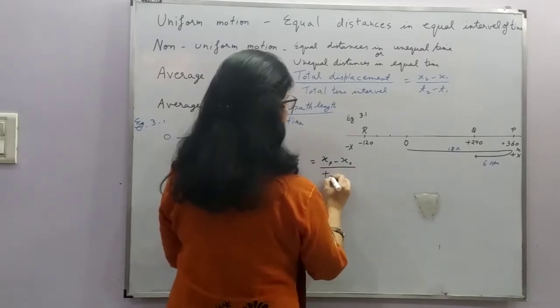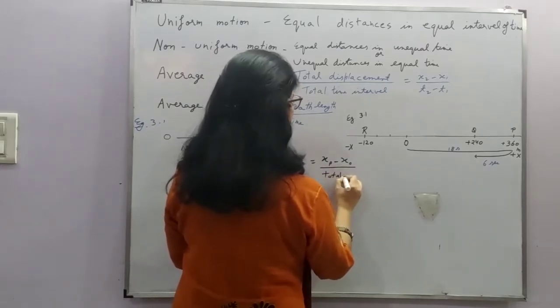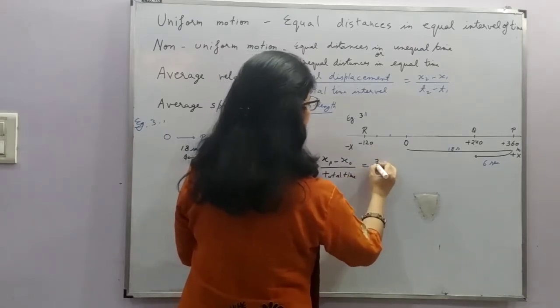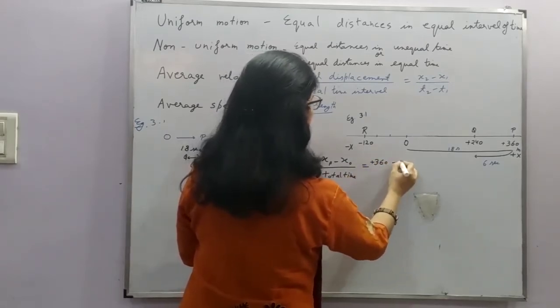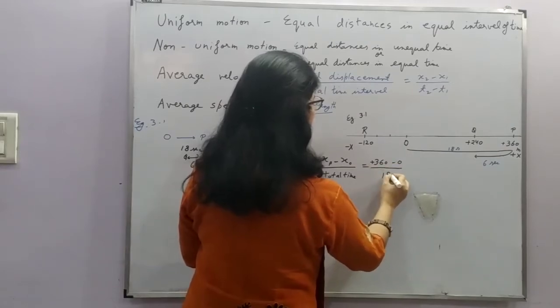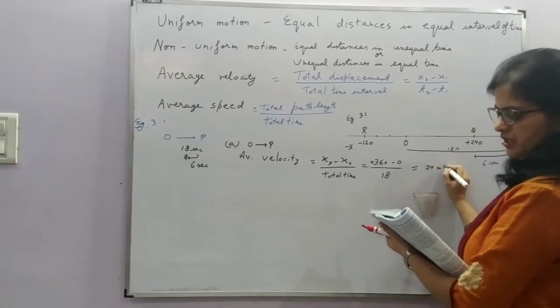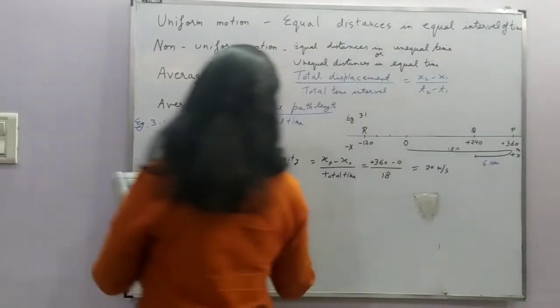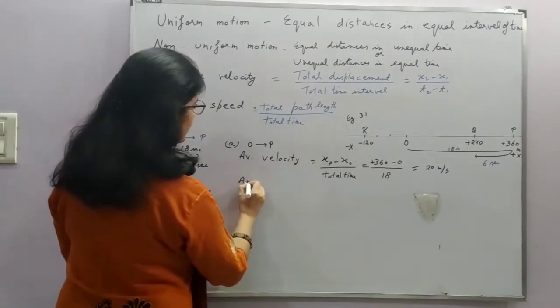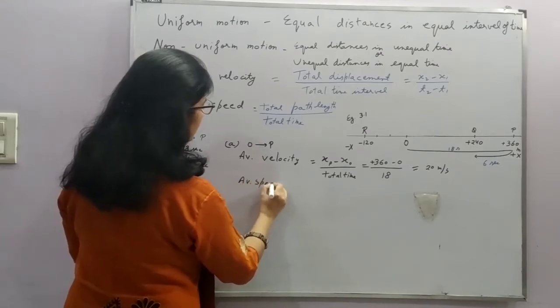So this gives you 360 minus 0 upon total time of 18 seconds, which gives us 20 meter per second. Now for average speed, what is the formula?